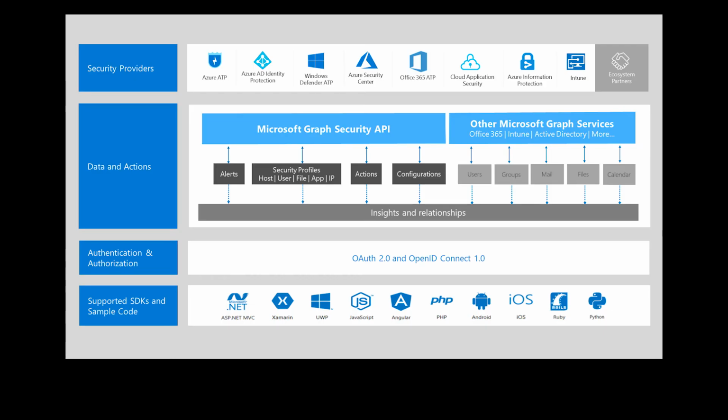So what we've done is really extended that by lighting up some new security-specific entities, specifically alerts, security profiles, actions, and configurations. And so it exposes those for a wide range of Microsoft security solutions and enables partners to also contribute to the graph as a first-party entity, right, along with our other Microsoft products and services.